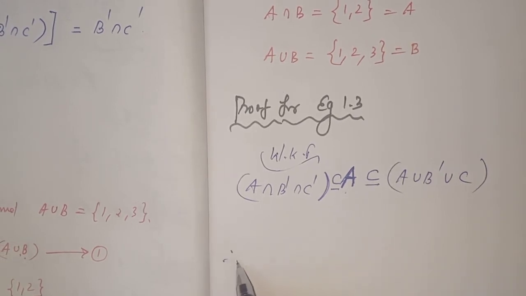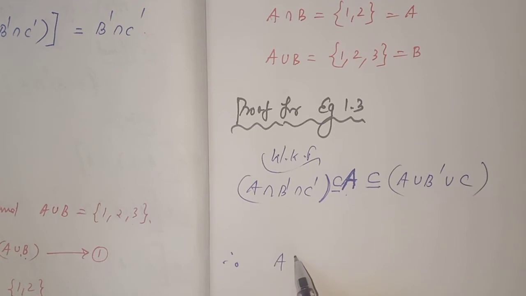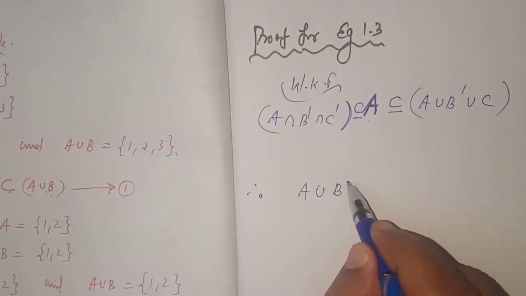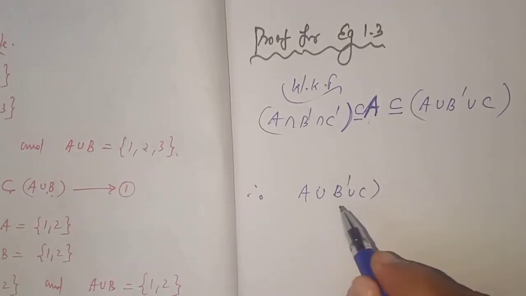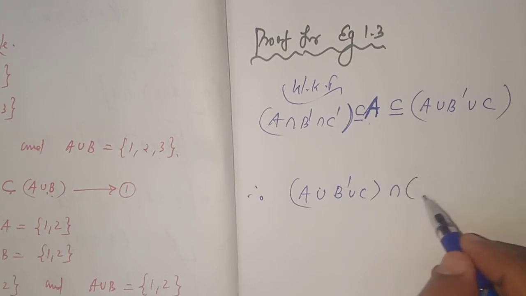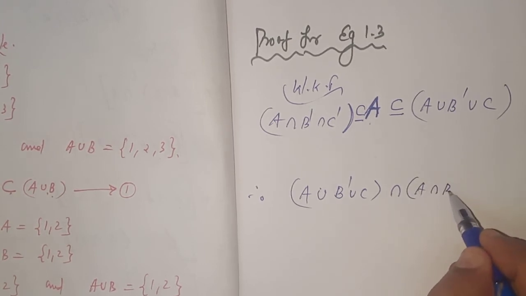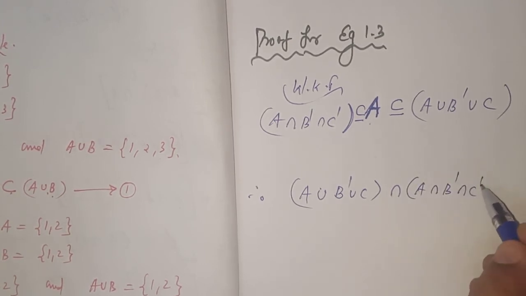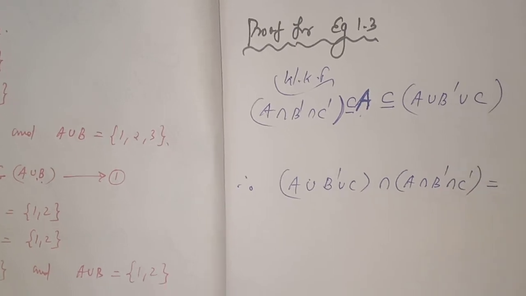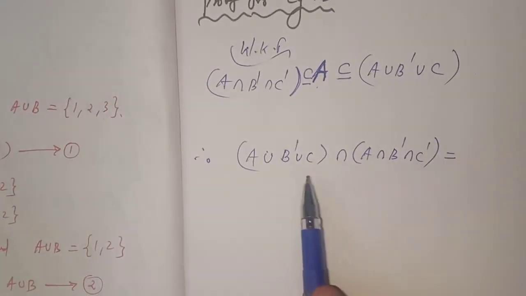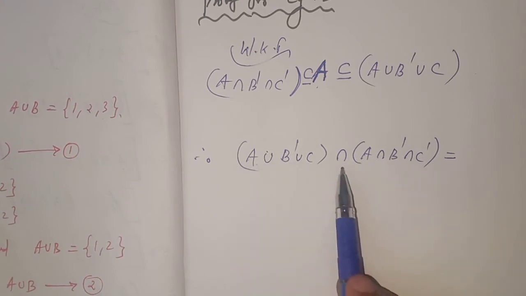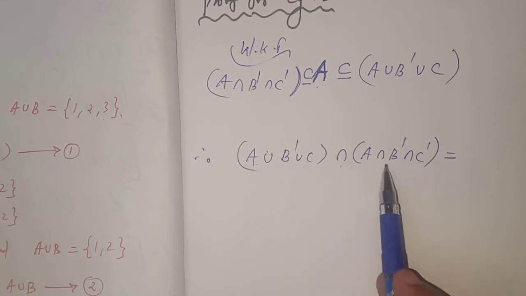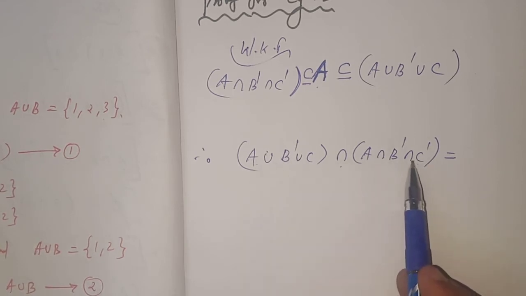Therefore, A union B dash union C intersection A intersection B dash intersection C dash equals. When comparing these two, if intersection comes, we have to take the least one. Between these two, which one is the least? Always the intersection is least.